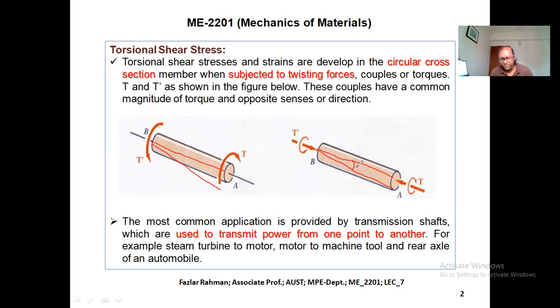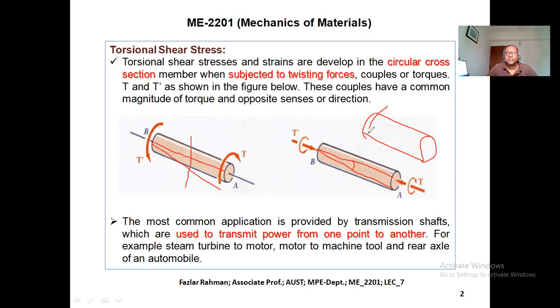Sir said that the internal force will work parallel. Yes. How is it working parallel here? Parallel to the cross section. If you cut right over here with a knife, then this will be your cross section, right? Still, it will be round.